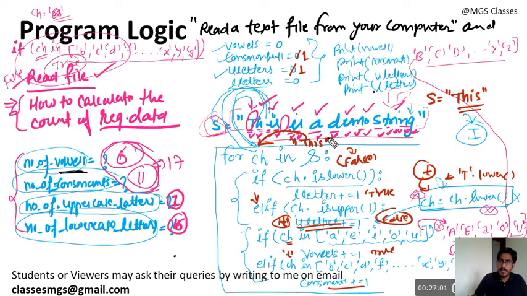Next, this for loop ends here, there is nothing more, so the for loop will continue again, and this time h will come in ch, small h. Whether small h is lower: yes, small h is a lowercase letter, so this condition will become true and the lowercase count will become 0 plus 1, which is 1.